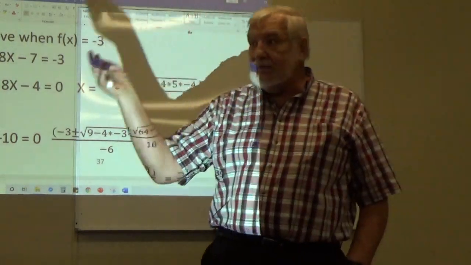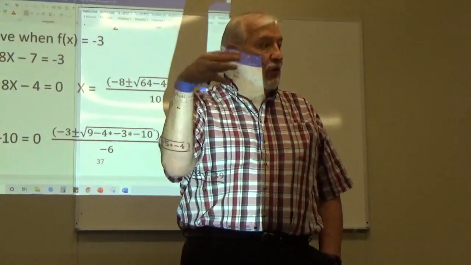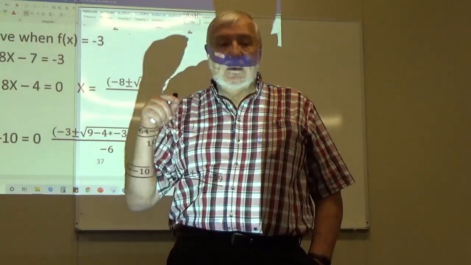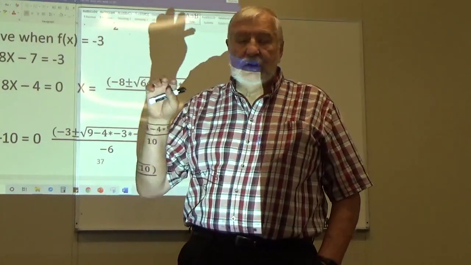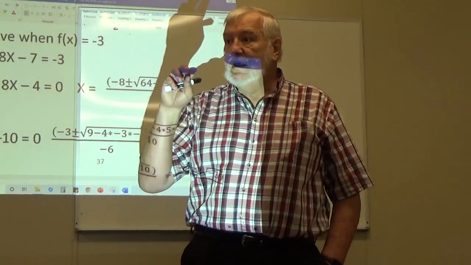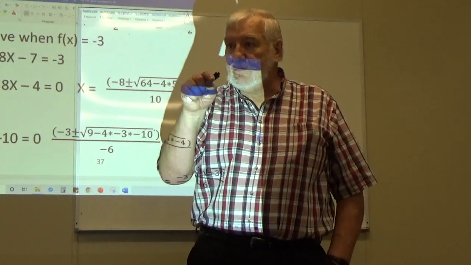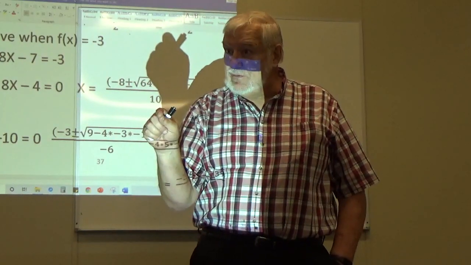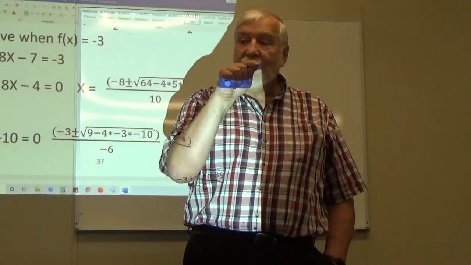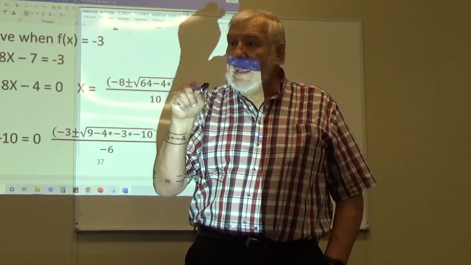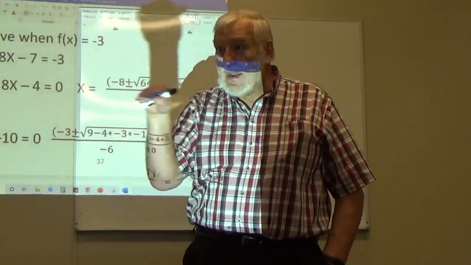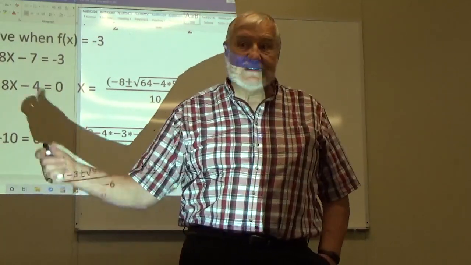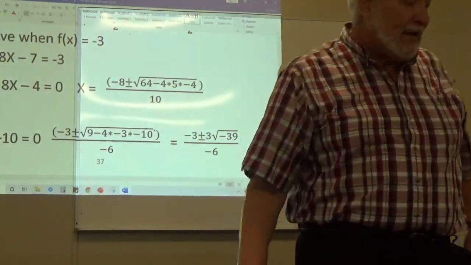All right, and that would give you the value of y, and it doesn't matter what values of x, because the function notation allows you to just do that. The other thing that you would do is store negative 3: you push negative 3 in, then go store to x, press enter, and then you'll see the negative 3, and when you put in 5x squared plus 8x minus 7, it will automatically substitute for the negative 3 that you stored at x, and it gives you the answer. Okay, now that's the first one.